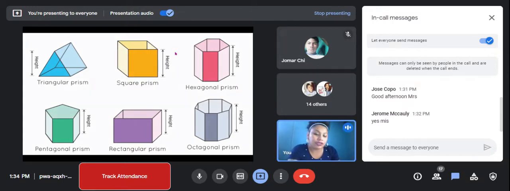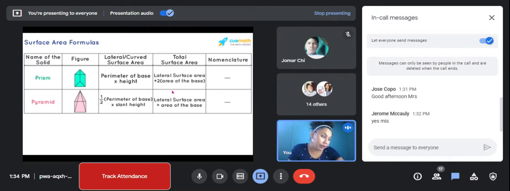What we need to understand is how to use the formula. Go ahead and write CSA equals perimeter of base times height, because that is the first thing we have to find. Then write TSA equals this formula. Let me also put it in the chat.